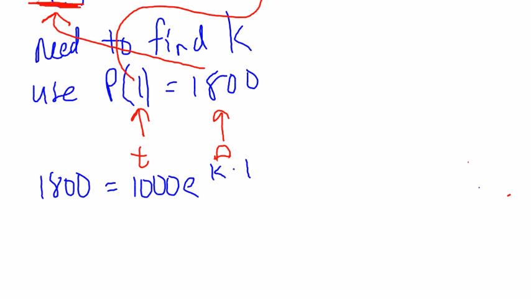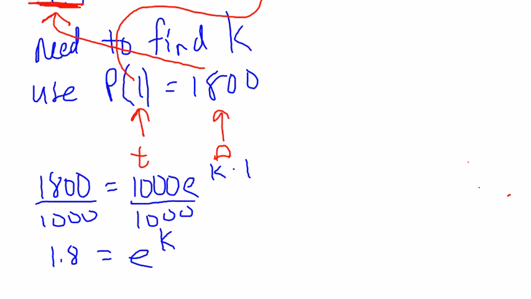So I need to solve for k. This next step right here is why we have logarithms. First thing I need to do is divide by 1,000. So over 1,000, over 1,000. That gives me 1.8 equals e to the k. It's k times 1, so I'm just going to write it as k.